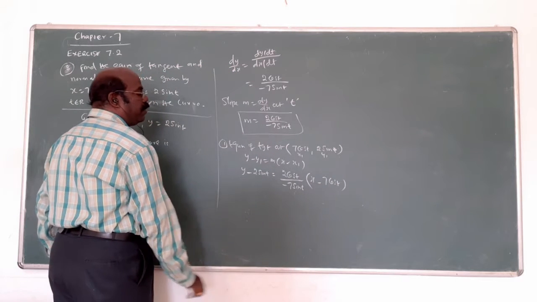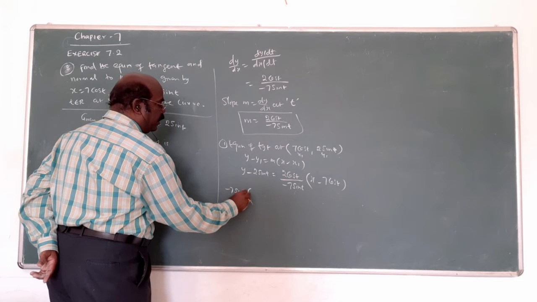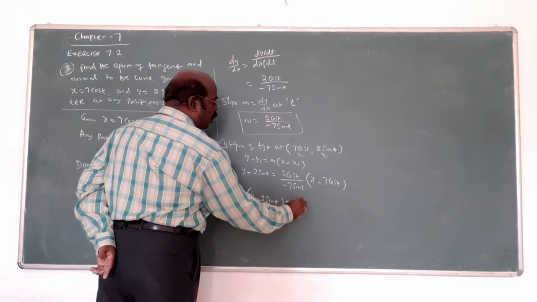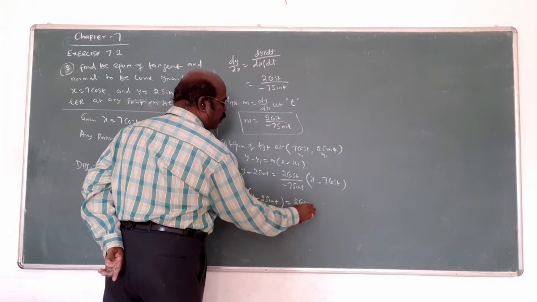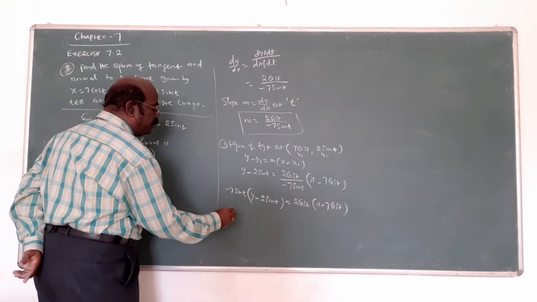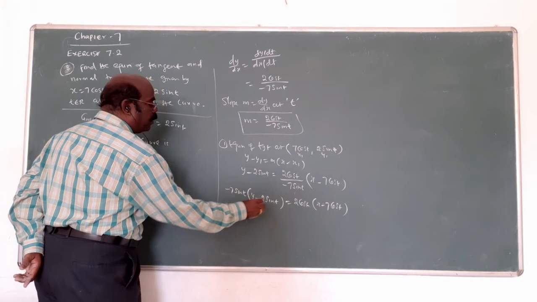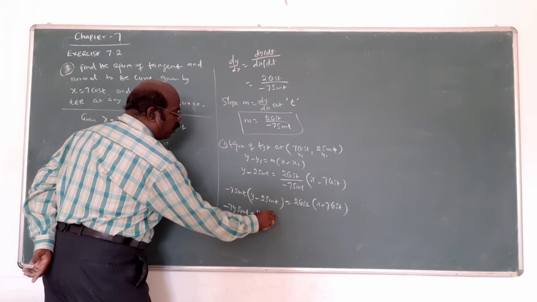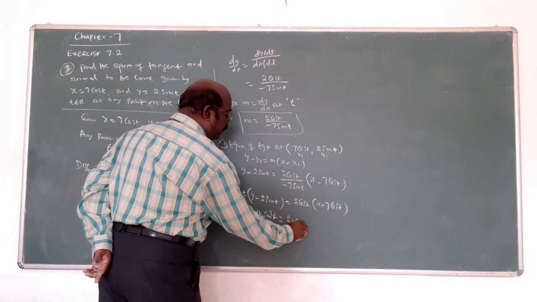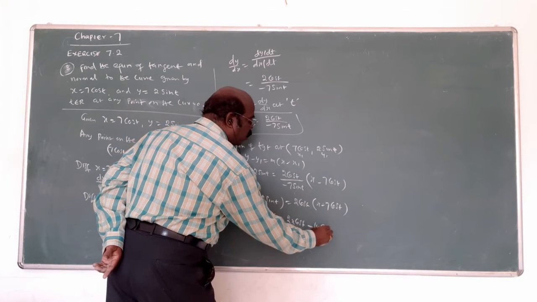Now multiplying by minus 7, we get minus 7y sin t plus 14 sin square t, and on the other side 2x cos t minus 14 cos square t.